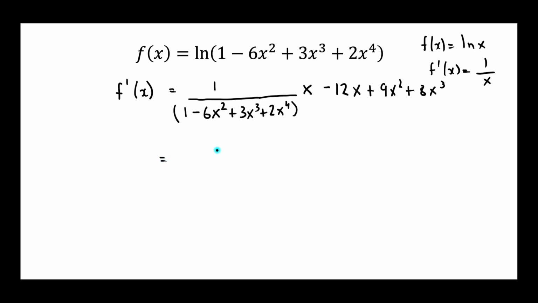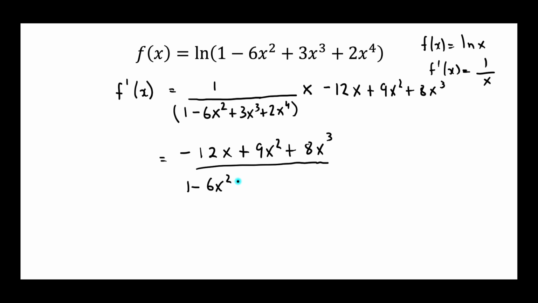My final answer would be minus 12x plus 9x squared plus 8x cubed over 1 minus 6x squared plus 3x cubed plus 2x to the 4. So that would be my final answer.